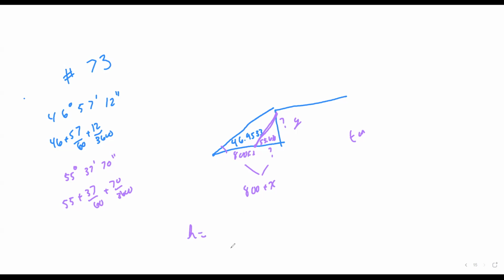So the distance would be for us 800, and this would then be cotangent of our smaller degree, or our first degree, which would be 46.9533, minus the cotangent of 55.6361. And then that would give us our answer.